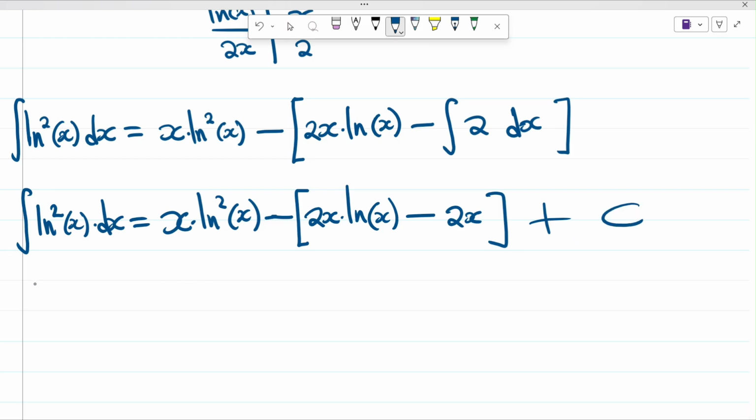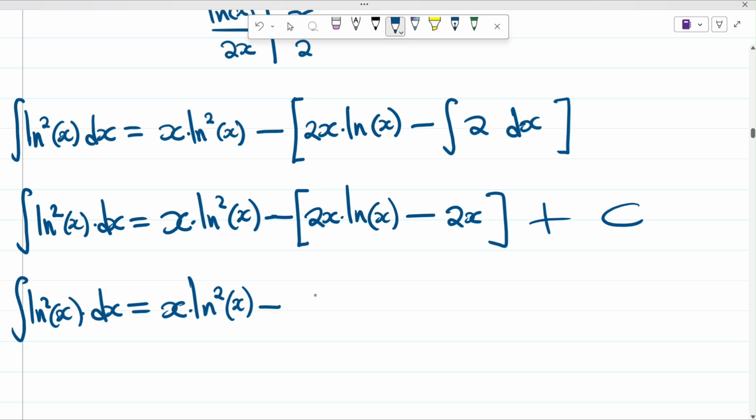So then from here, I copy the very same thing again. The integral of ln squared of x dx is equivalent to x multiplied by ln squared of x minus 2x ln of x.